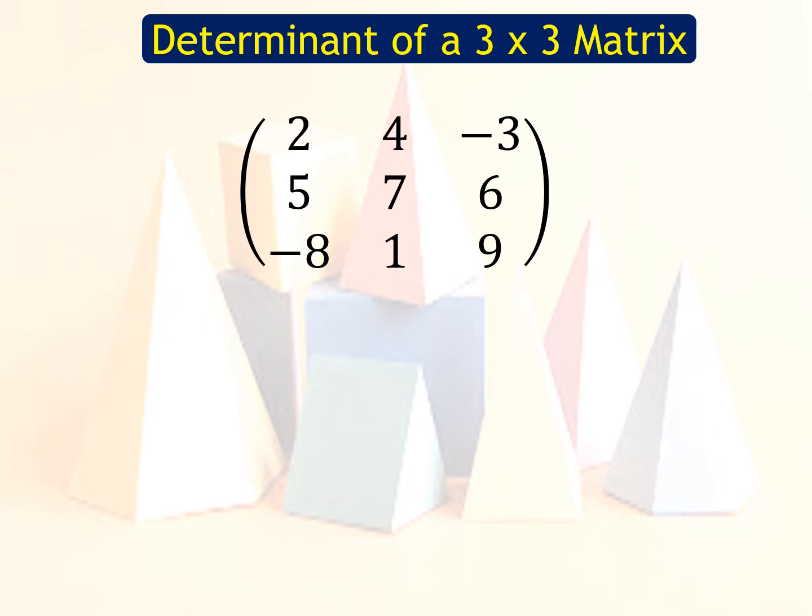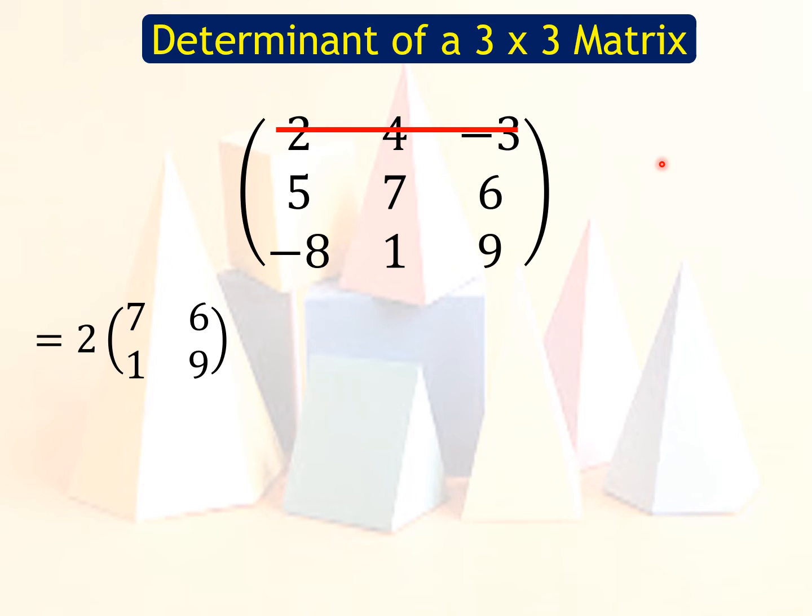Now let us have an example for this one. So let us determine the determinant of a 3 by 3 matrix given this sample matrix. The first thing we need to do is to eliminate the first row as well as the first column. And then we shall have 2 times 7, 6, 1, 9. And then the next thing that we are going to do is to use 4.